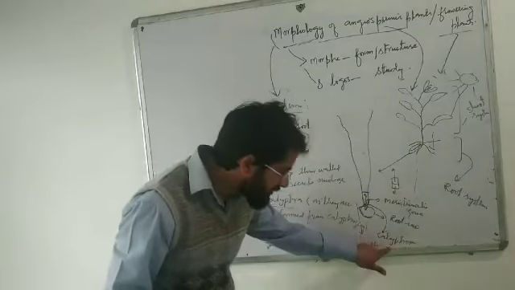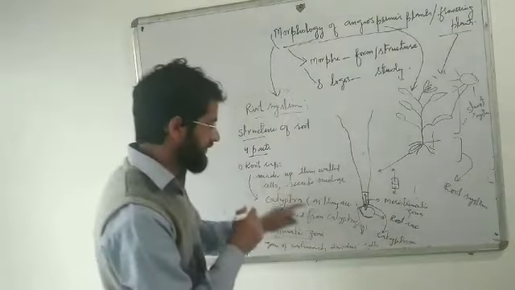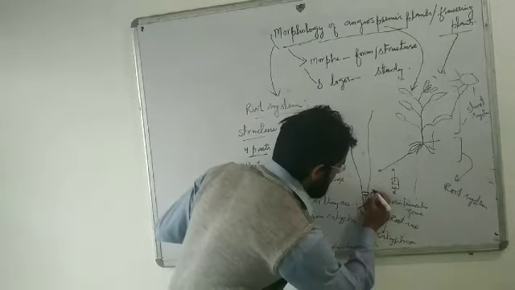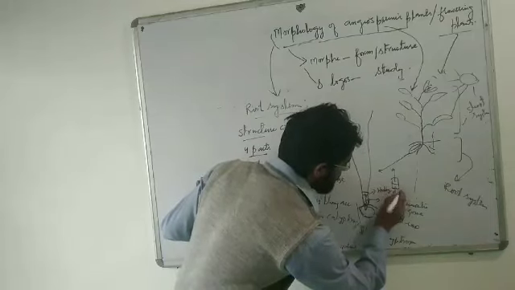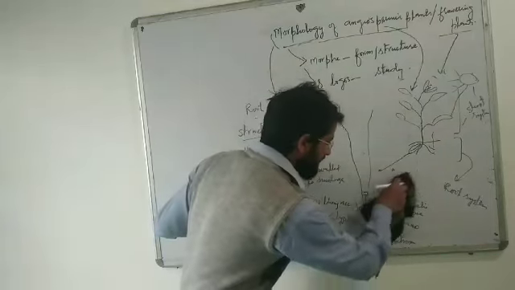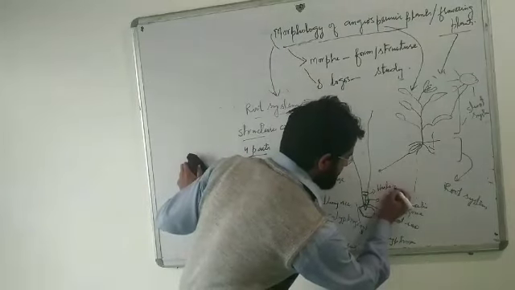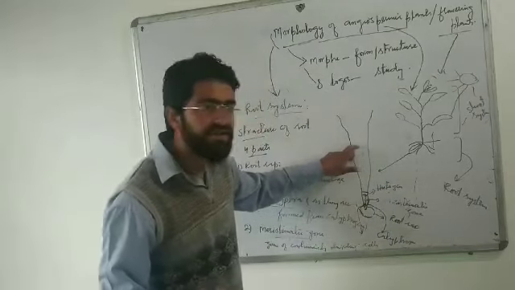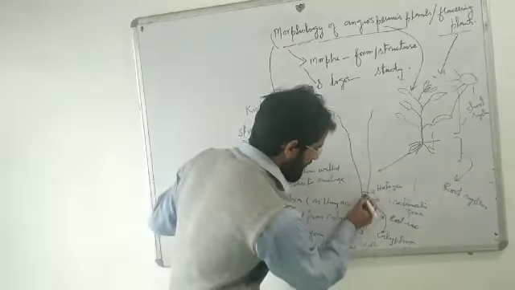And those cells are responsible for the formation of root cap, while the other part which moves towards the base is known as histogen and results in the formation of other cells and other tissues, right?